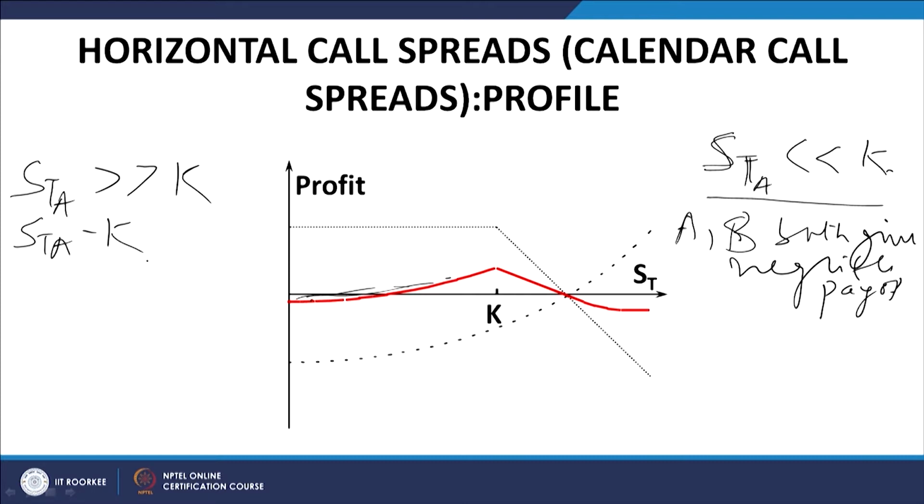What happens to option B? Now, if S_T^A is much greater than K, then the intrinsic value of option B is S_T^A minus K as well. And if this differential is sufficiently large, then it's very likely that this intrinsic value could be realized by selling this option in the market, because the perception would be that option B would also expire in the money and give you a similar amount of payoff on maturity.